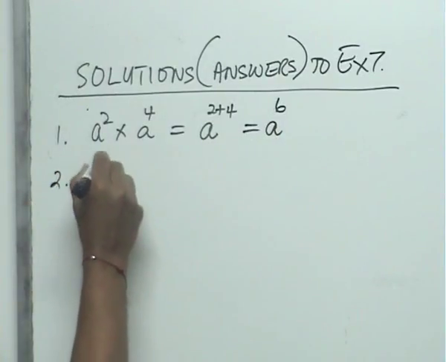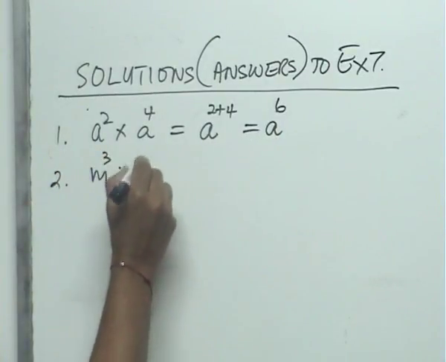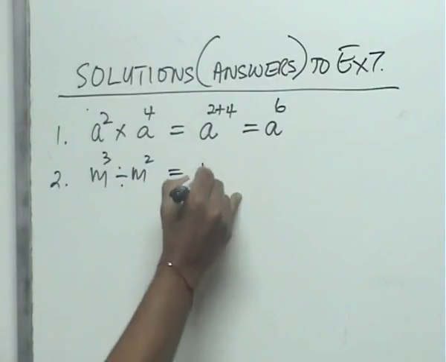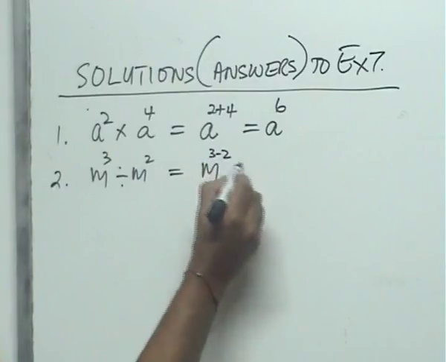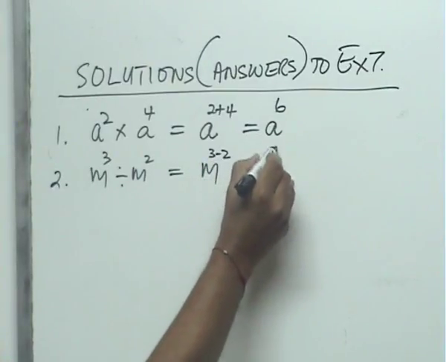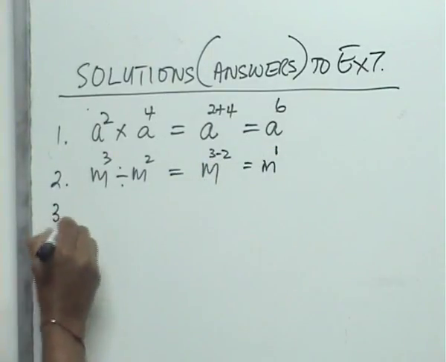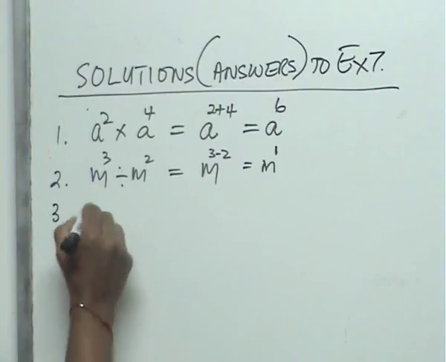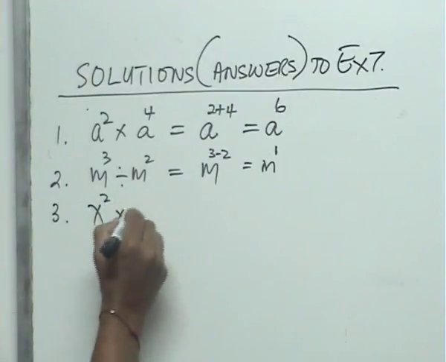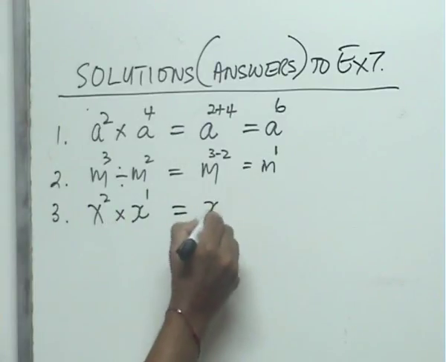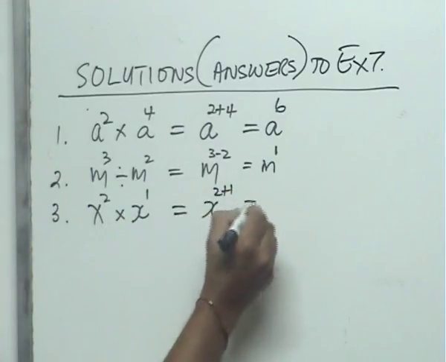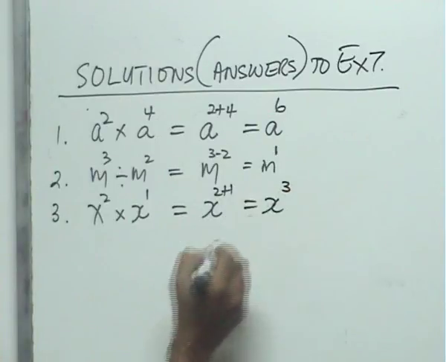Number 2, m cubed divided by m squared. Write down the base. This is division, so you have to subtract the indices. So m to the 1. Number 3, x squared times x. Well, the 1 is understood, so it's x to the 2 plus 1, which gives you x to the 3.